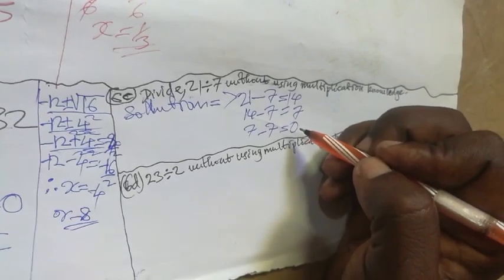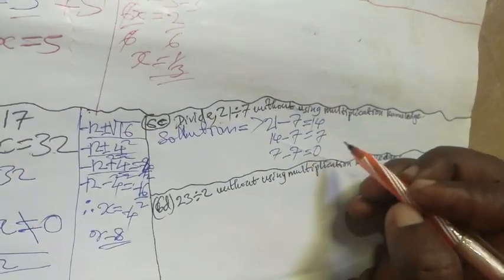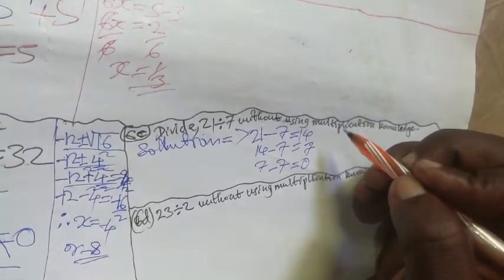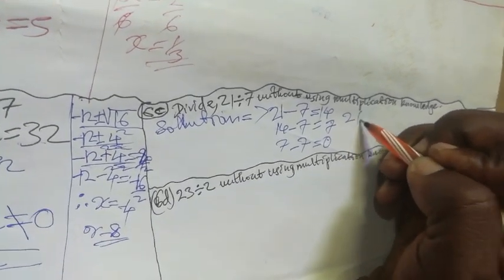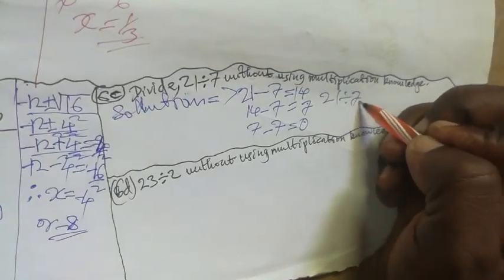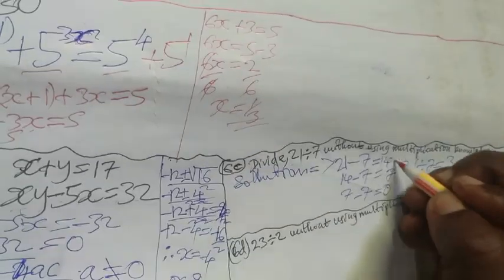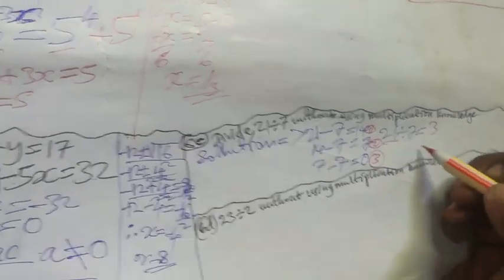Therefore, we count the number of processes: 1, 2, 3. Therefore, 21 divided by 7 is 3.